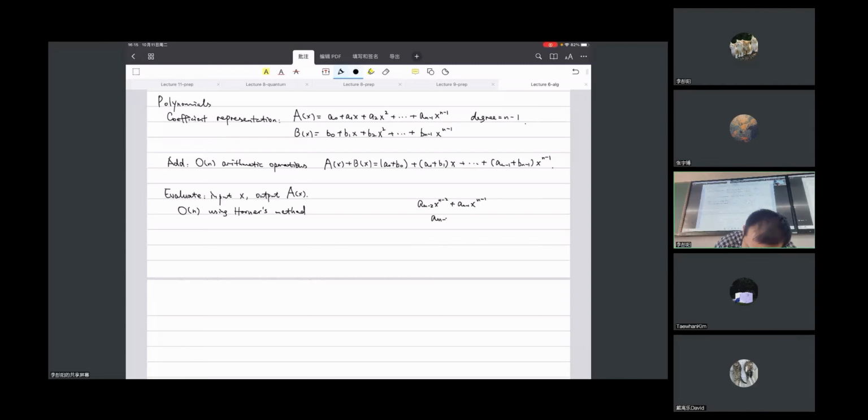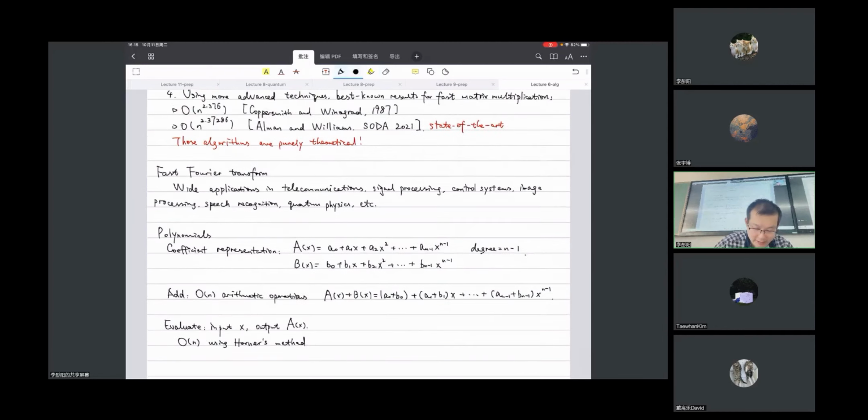The higher power part can be recombined: a n minus 2 times x to the n minus 2 plus a n minus 1 times x to the n minus 1 can be recombined into a n minus 2 plus x times a n minus 1, times x to the n minus 2. And you can do this again and again.